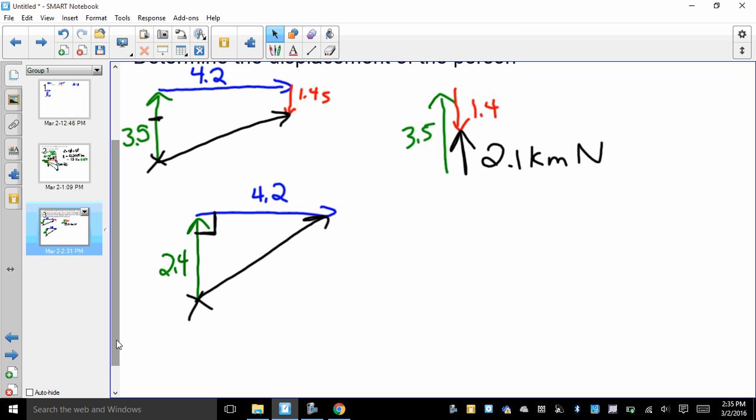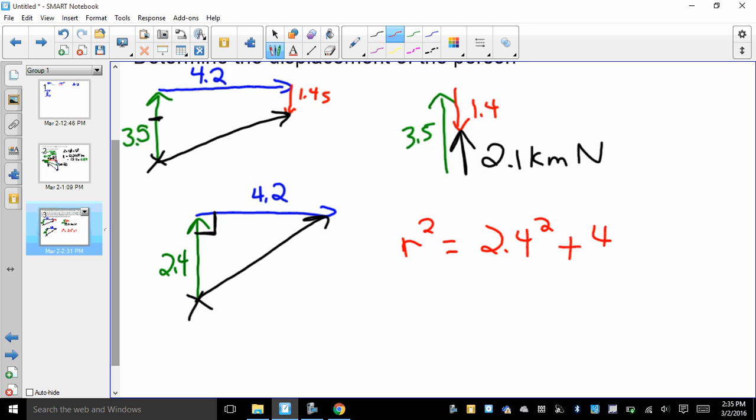So to find this side of the component, I know this is the hypotenuse, so the resultant squared is equal to 2.4 squared plus 4.2 squared.